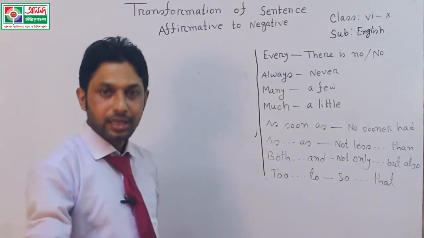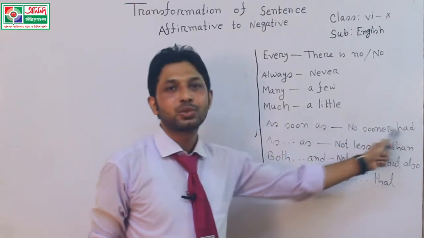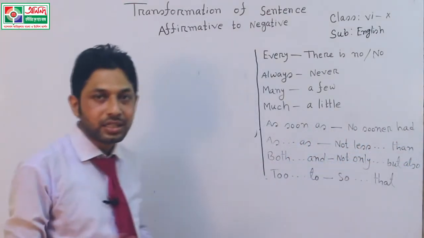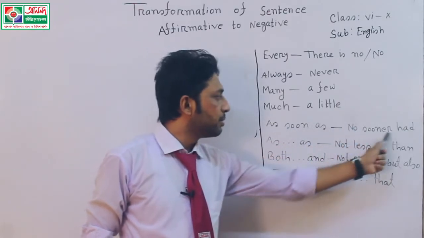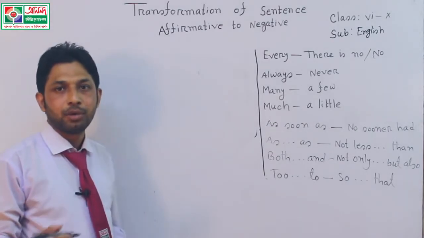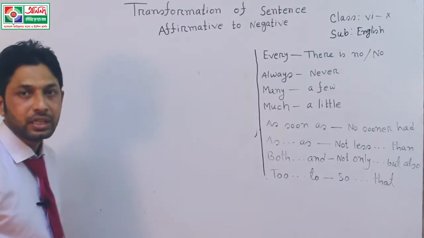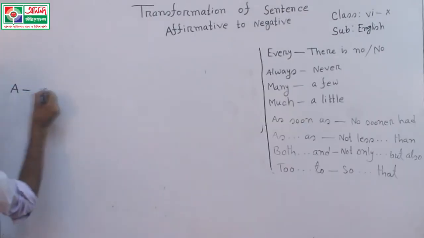Dear learners, after that, as soon as is replaced by no sooner had. I again say as soon as is replaced by no sooner had. If we find an example, after that everything will be clear. Look at the example. Affirmative.